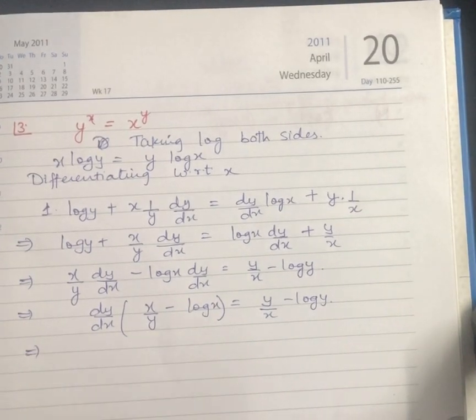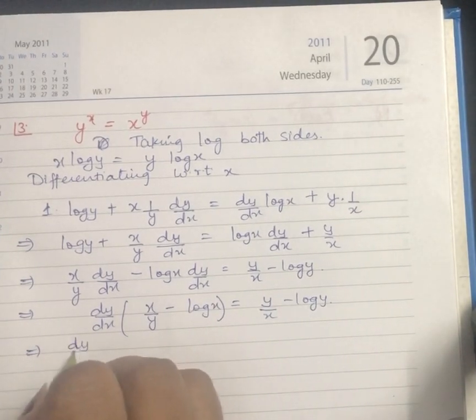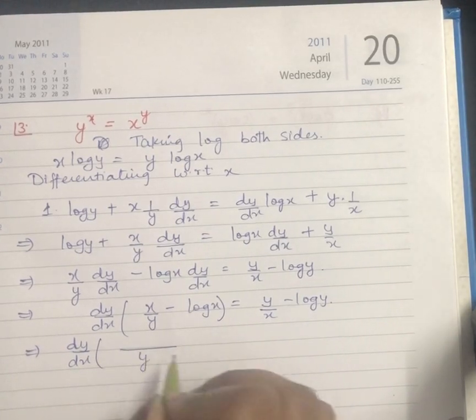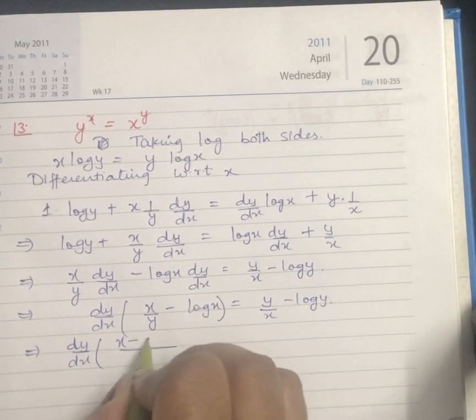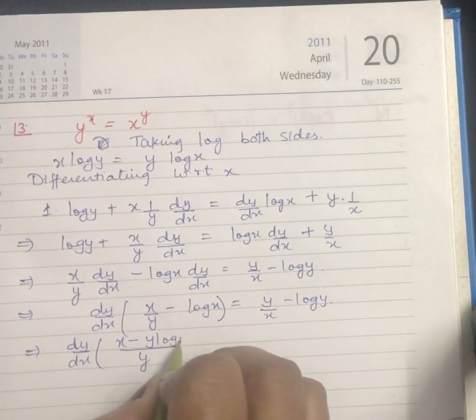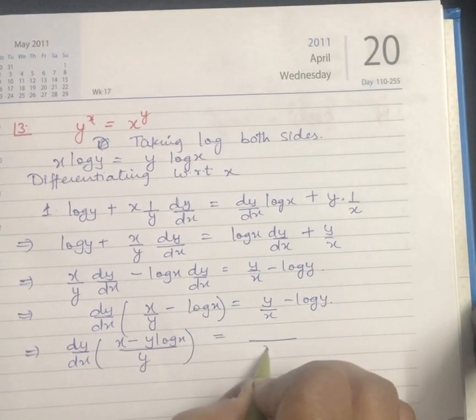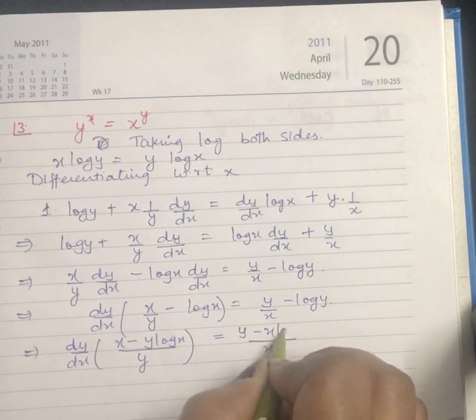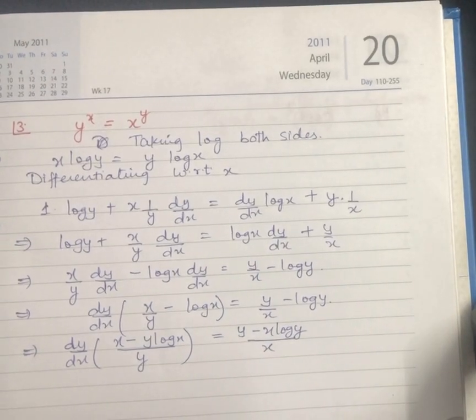So this can be simplified. This becomes dy by dx in the denominator y, x minus, it can be written as y log x. And here also in the denominator we take x and y minus x log y.